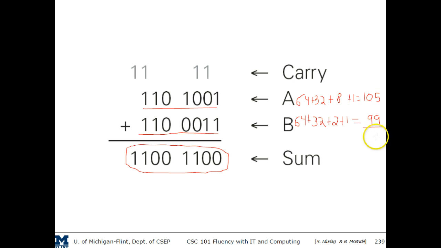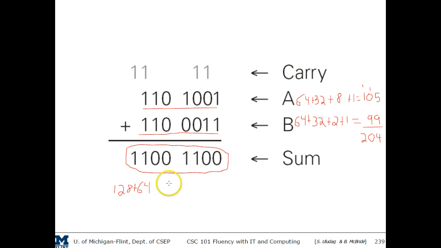We add these together, that is 14, carry the 1, that's 10, carry the 1, that's 204 decimal. That's what we should have then when we decode this, which is 128. That's what this bit represents. Plus we have 64.